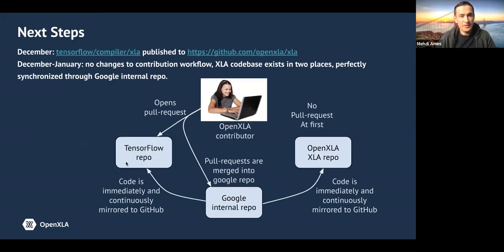All right, next step and what to expect for the transition. Let me check if there are questions. Question about tests. Yes, we need to think about the testing and the CI. There's a question about how we want to test XLA. First, I think we should amp up our unit testing, be more strict about having good coverage on unit tests.